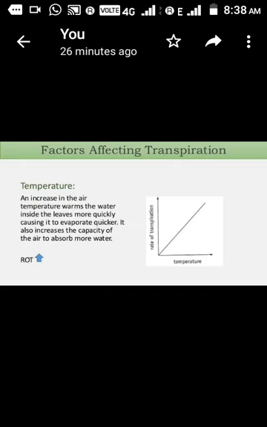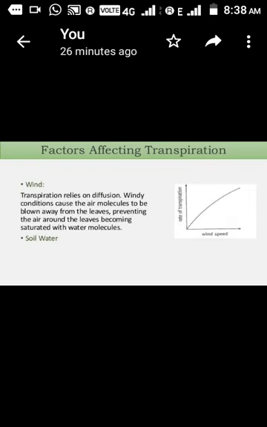You can see there is an increase in temperature and an increase in transpiration, so it is directly proportional to the rate of transpiration. Wind also affects the rate of transpiration. When you increase the wind speed, there is a higher rate of transpiration.